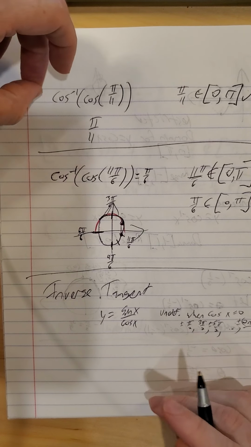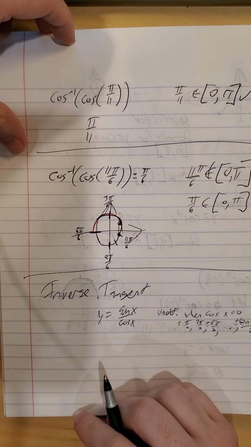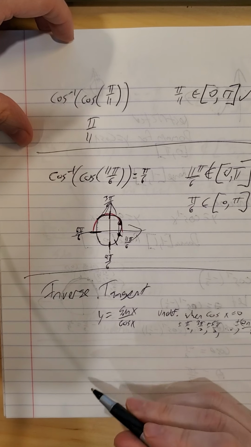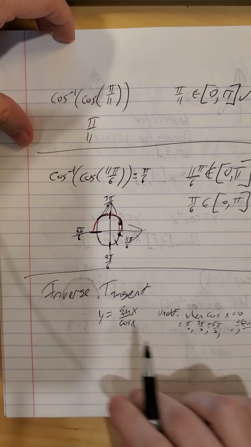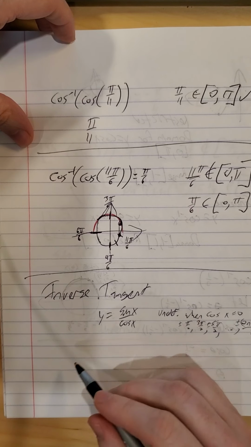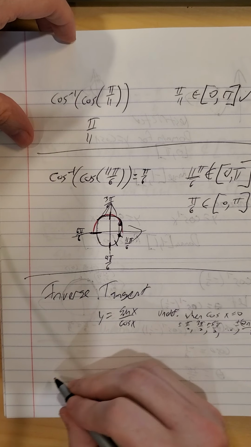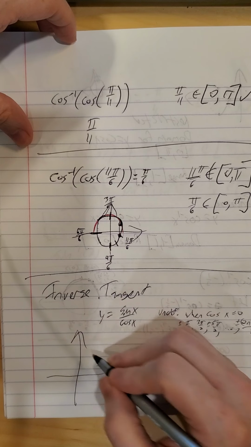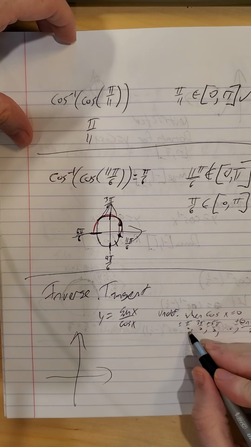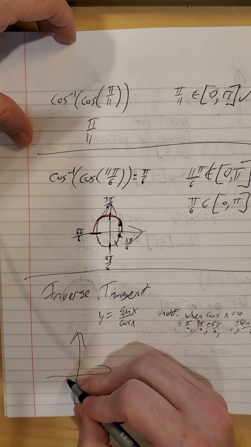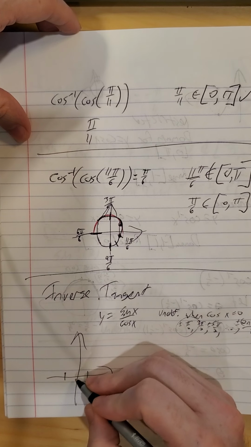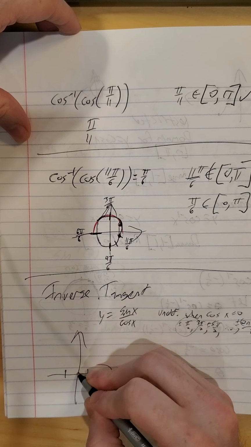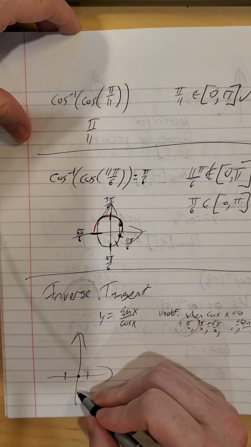Now, since we also want to pass the horizontal line test, we don't want to draw all of the repeating tangent function, so we just want one group of it. So in this case, we'll just use that first one, and we'll go from negative pi over 2 to pi over 2. So remember, sine of 0 is 0.